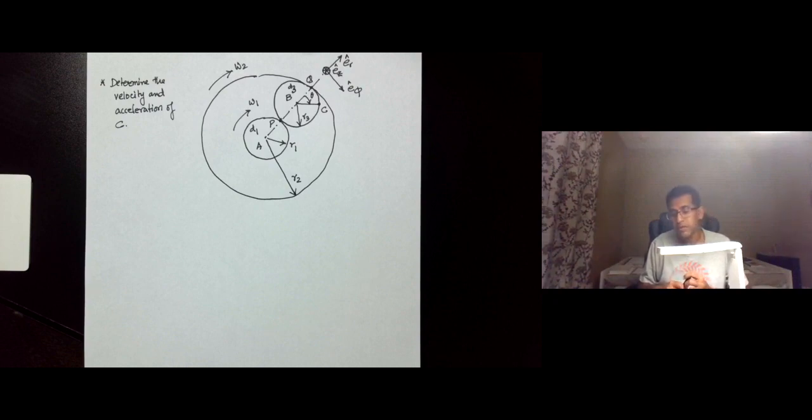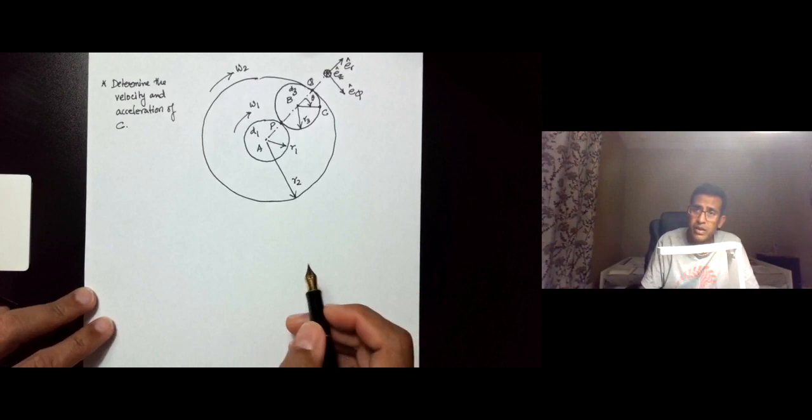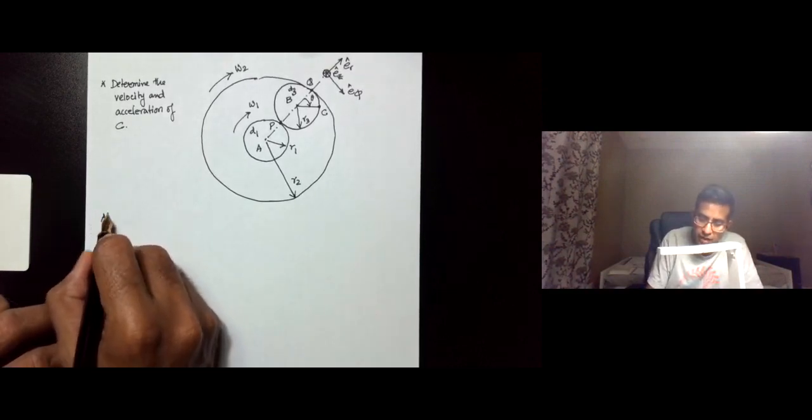And what we are going to do is solve the velocity and acceleration using one set of rotating frames, and then I may post another solution with a different rotating frame. So let's start with the first approach.